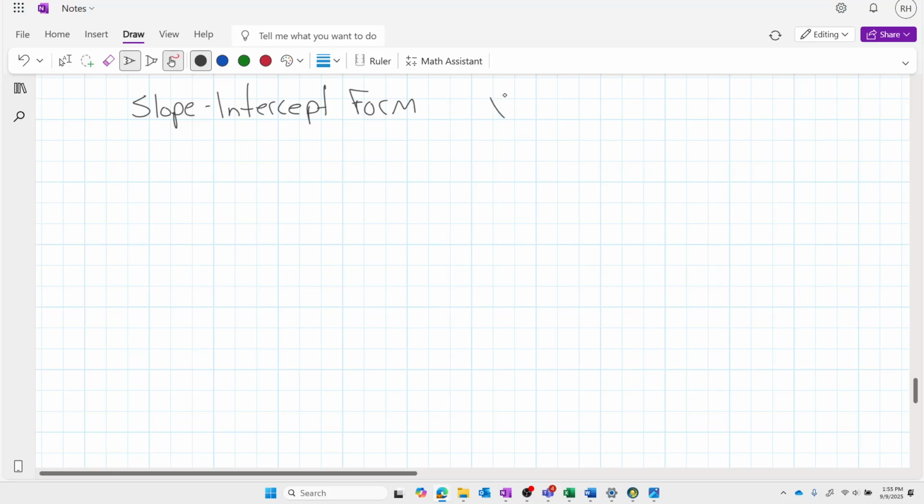Slope-intercept form of a line is y is equal to mx plus b, where m is the slope and b is the y-intercept. The m is the slope, the b is the y-intercept.